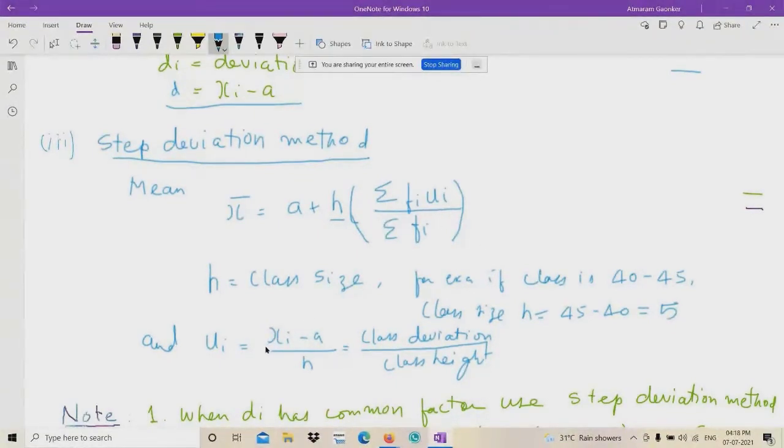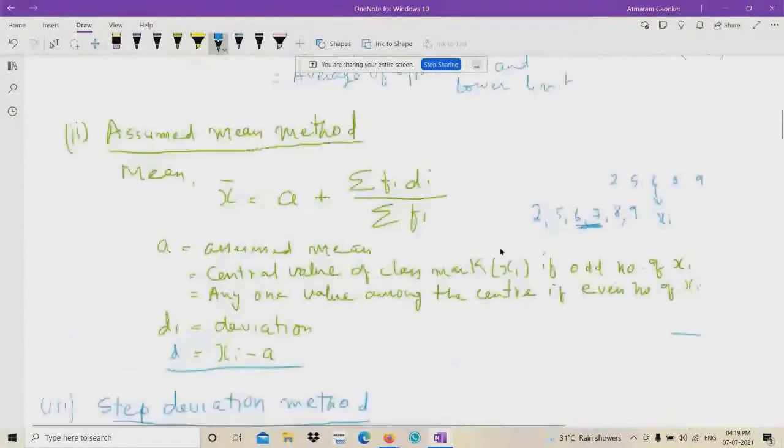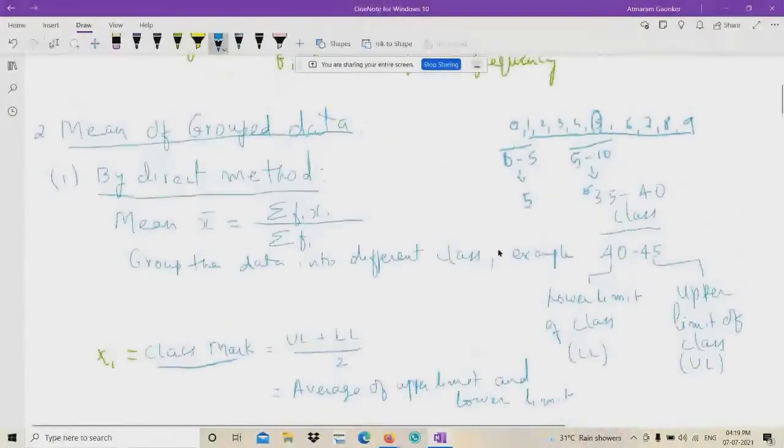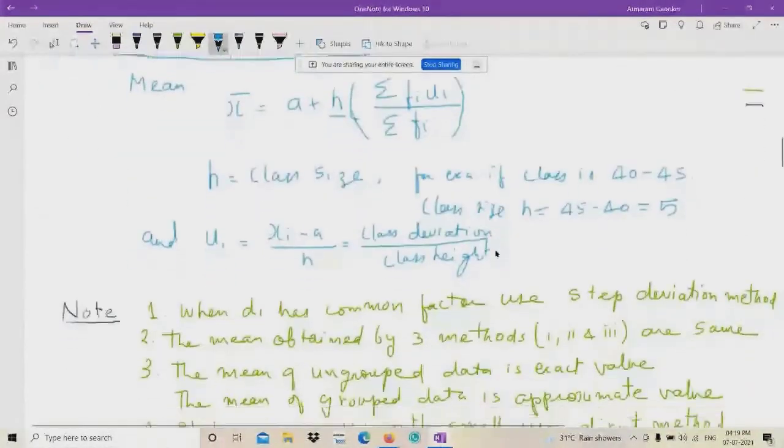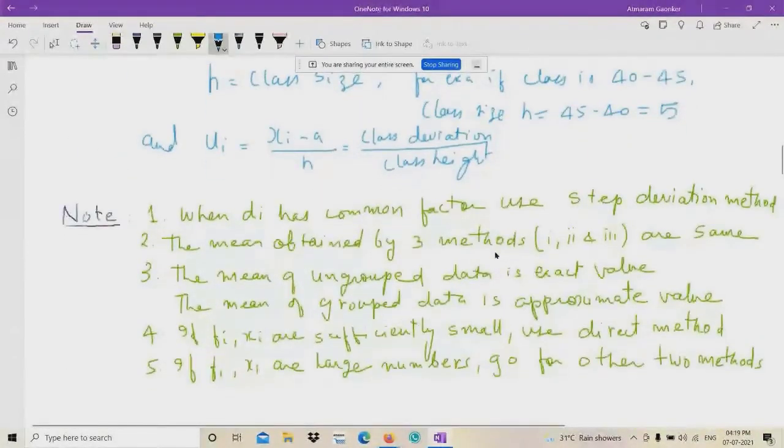And ui is defined as class deviation divided by class height h. That is ui. And a you already know, fi you already know. So these are the three formulas used for calculating the mean of grouped data. In this we have to understand some points. The first point to note is when di has a common factor, use the step deviation method.